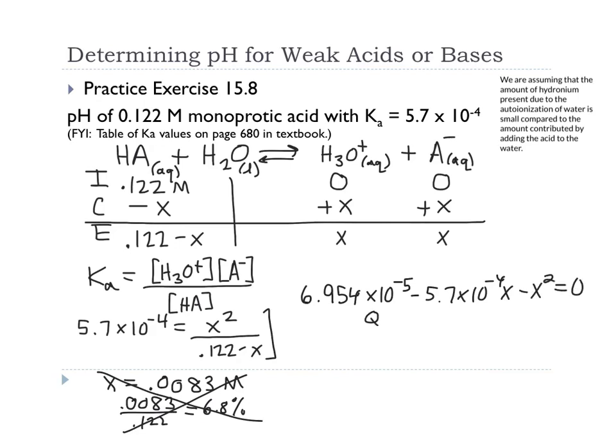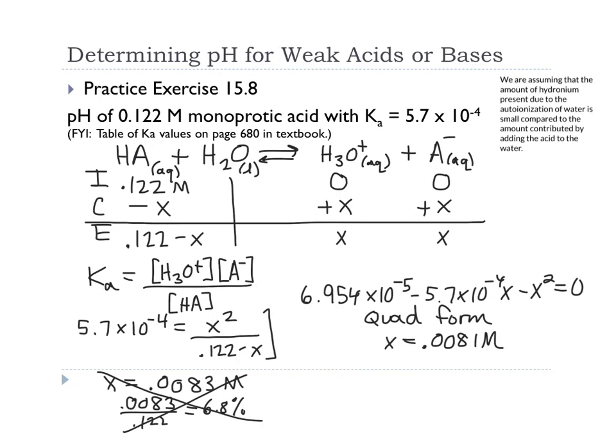And I just used the quadratic formula. You can program that on your calculator, or we talked about how to use the calculators in my room to do that. And I got x equals 0.0081 molar.